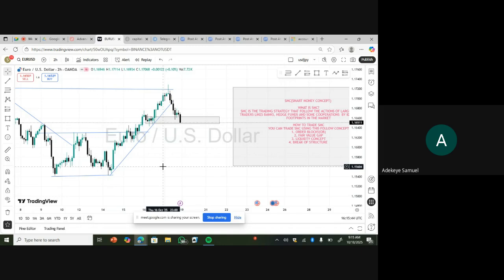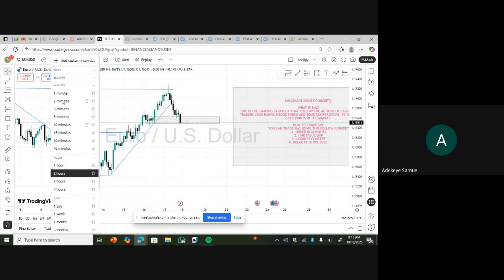Time frame is the time taken for each candlestick we see here to form. We have different time frames: 1 minute, 2 minutes, 3 minutes, 5 minutes, 10 minutes, 15 minutes, 30 minutes, 45 minutes, 1 hour, 2 hours, 3 hours, 4 hours.